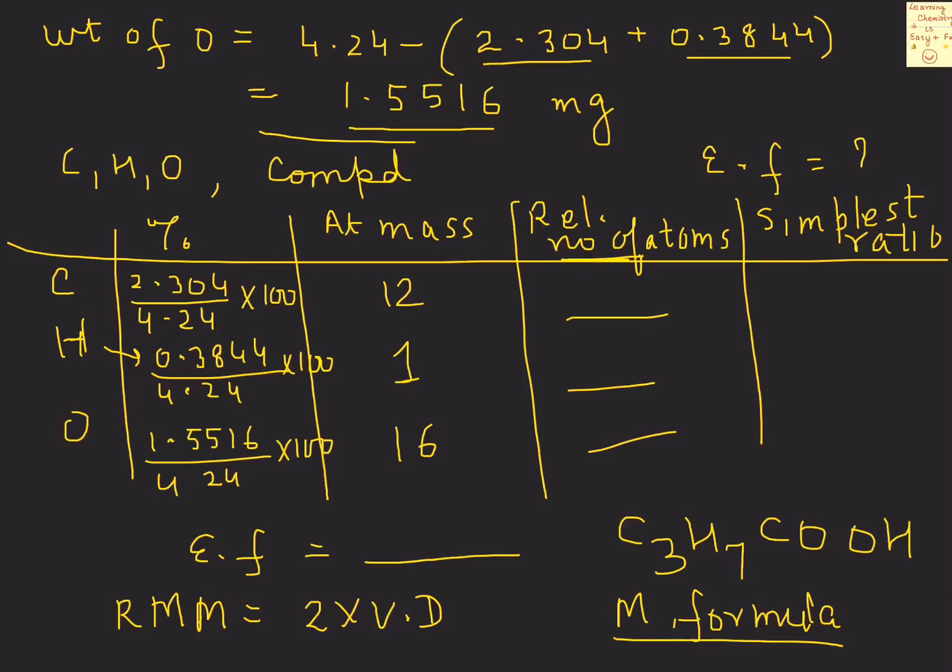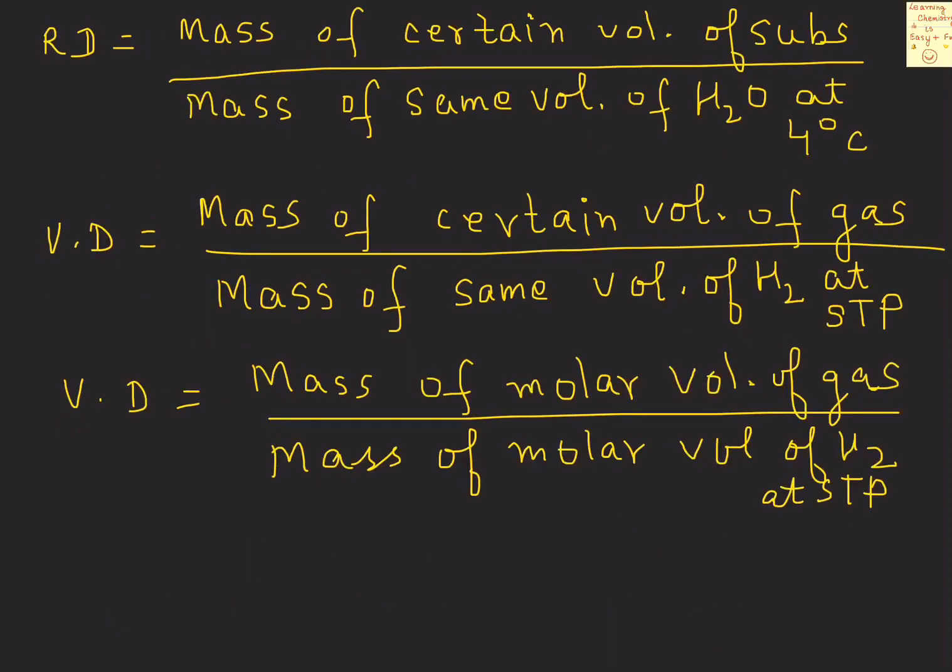Now here I had told you that I am going to explain to you what is vapor density. So let's go on to that. To understand vapor density, I'll correlate to what you already know from your knowledge in physics. Relative density is the density of a substance compared to the density of water at 4 degrees Celsius, or the mass of a certain volume of substance divided by the mass of the same volume of water at 4 degrees Celsius.